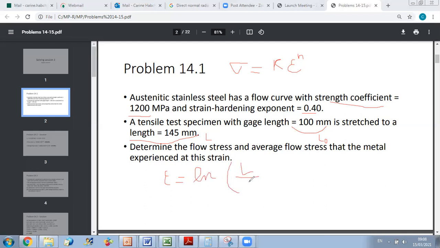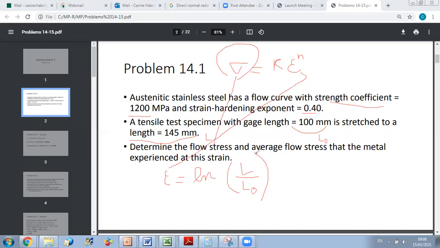And since we have the values of K and n, replacing epsilon, n and K with their values, I can get the value of sigma. When they talk about the flow stress, the flow stress corresponds to the value of sigma at a certain point. So this value will give me the flow stress.